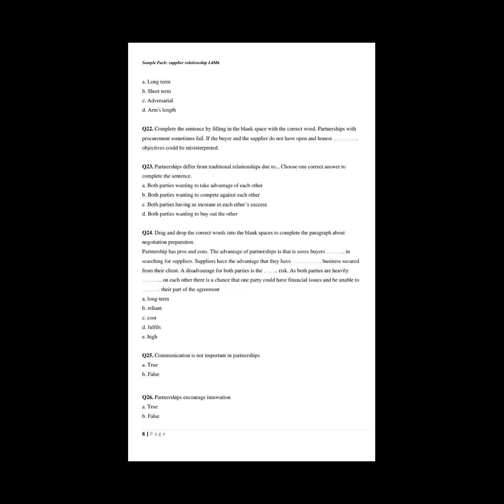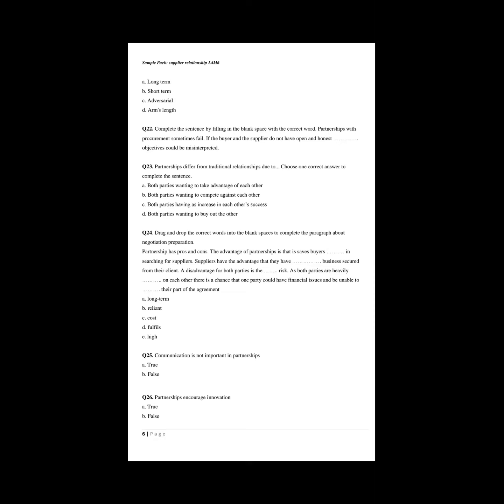No, in partnership there's no competition. C, both parties wanting an increase in each other's success. Yeah, an increase in each other's success. D, both parties wanting to buy out the other. No, it's C.